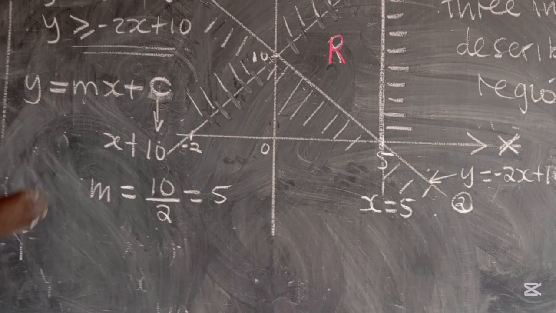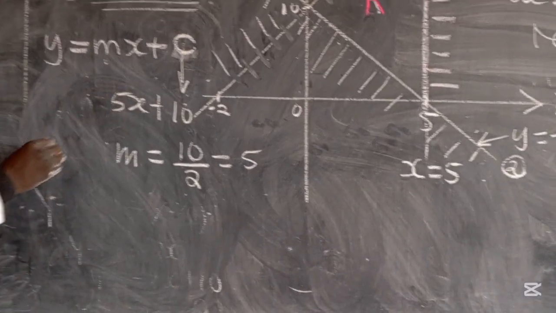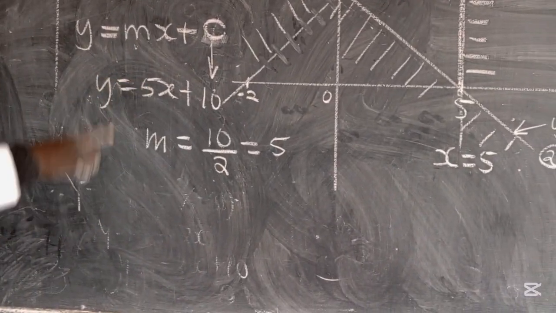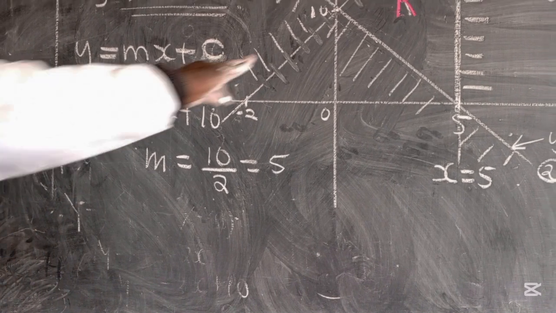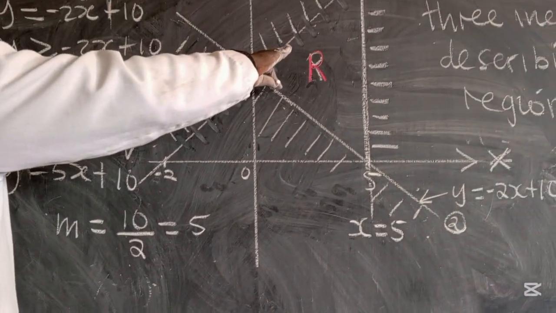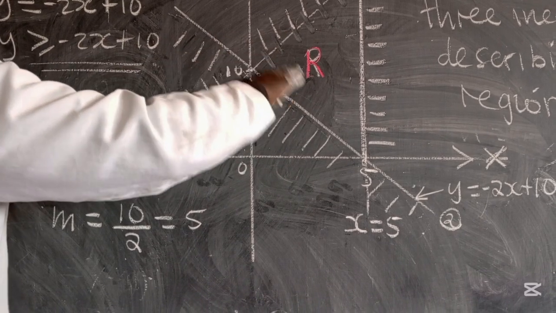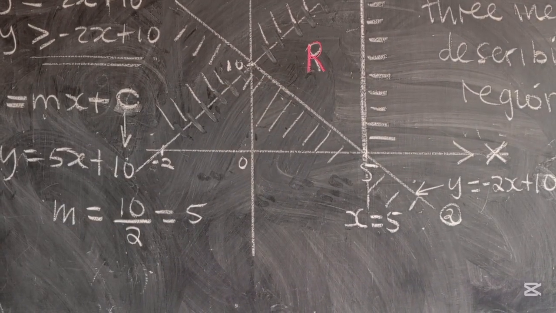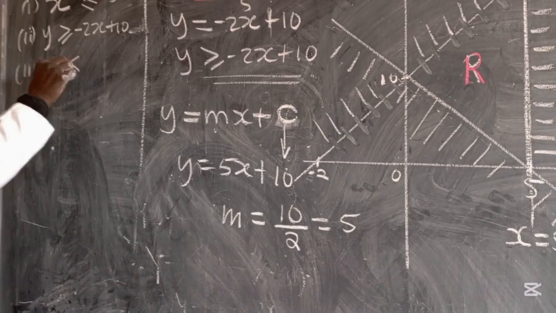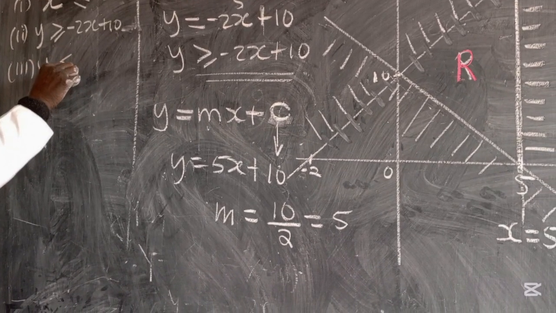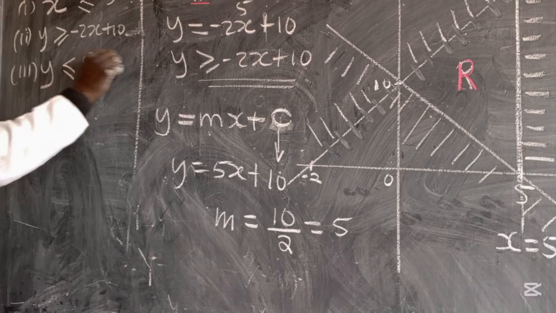So immediately I have that, meaning here to be 5 and here to be y like this. So this is another line. Now, where is the R? R is on the left part. So my other inequality will be y is less or equal to 5x plus 10.